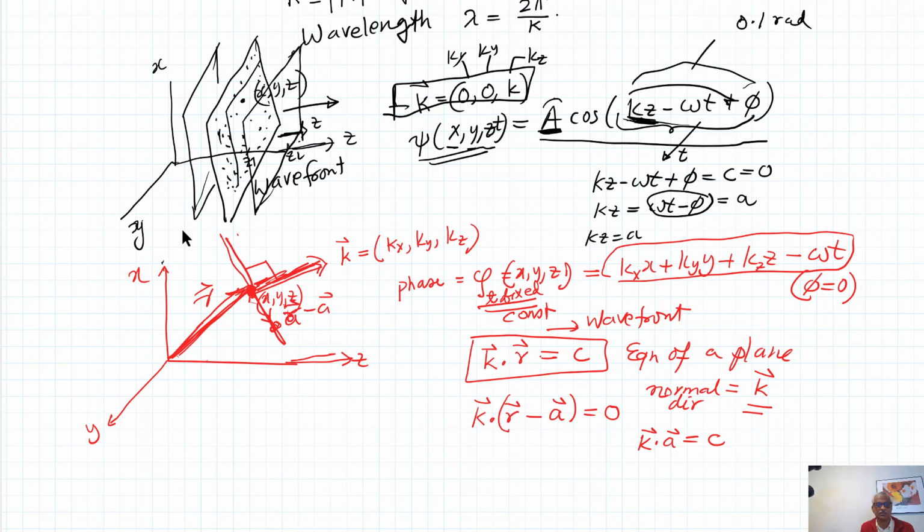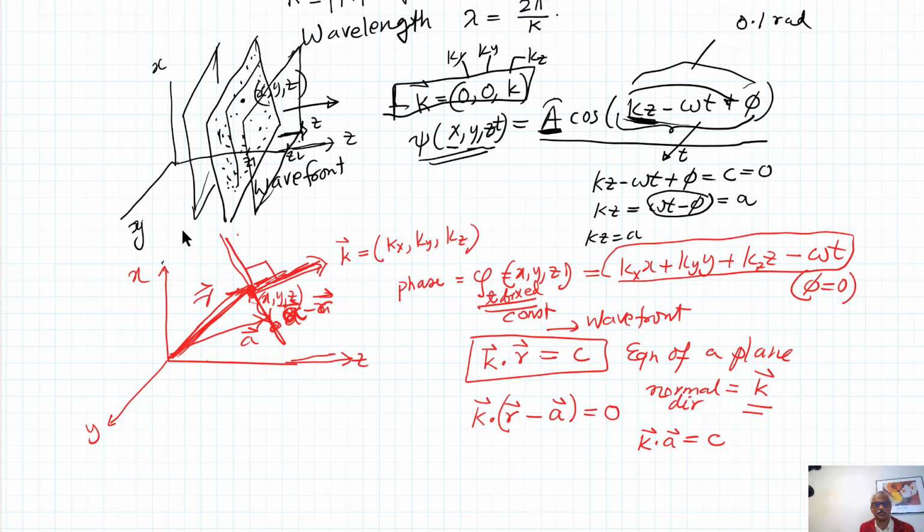So this some arbitrary point in that plane is a vector. So r minus, here, let's see, if I do r, go here, if I add this vector, so this is a minus r, a minus r.